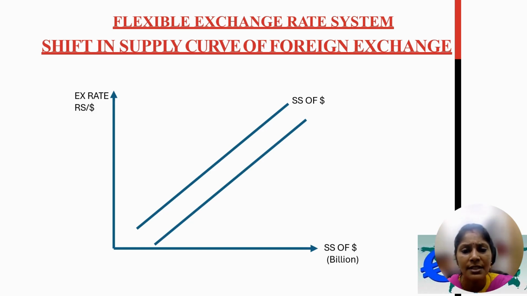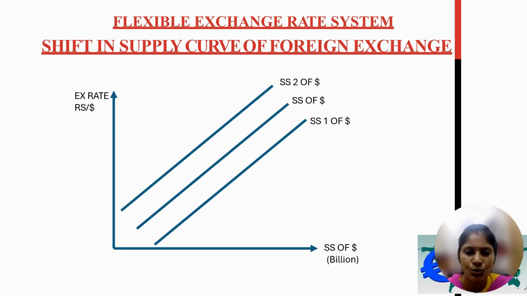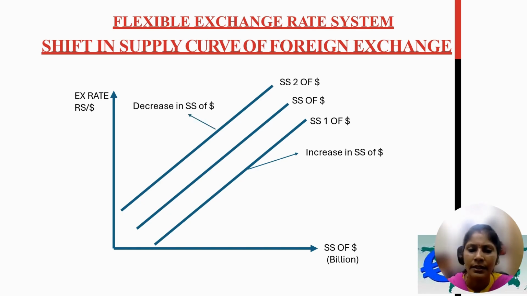An increase in supply of dollars will shift it towards the right of the existing one to SS1, and a decrease in supply of dollars shifts it to SS2 towards the left. The increase in supply will be due to an increase in exports of goods and services, and the decrease in supply of dollars will be due to a decrease in exports of services and the other factors mentioned there.